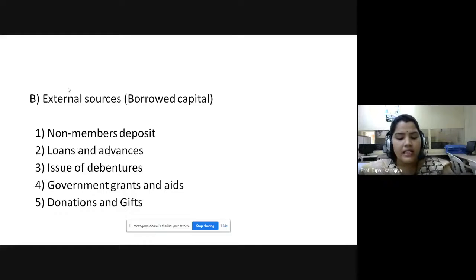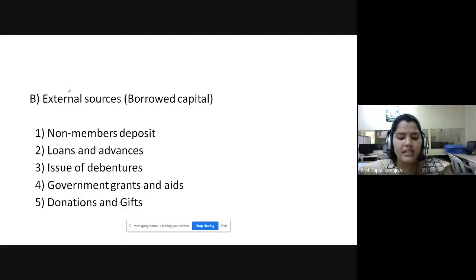The society gets loans from the district central cooperative bank, state cooperative bank, Industrial Development Bank of India, state financial institutions, LIC and others, because capital is needed. The loan security is given by the government against property, to meet the working capital. We learned about it, right?